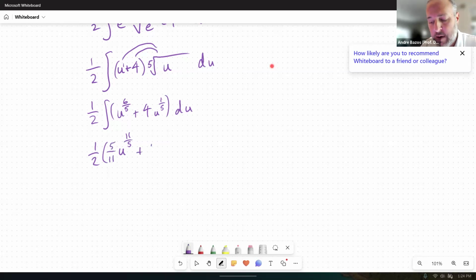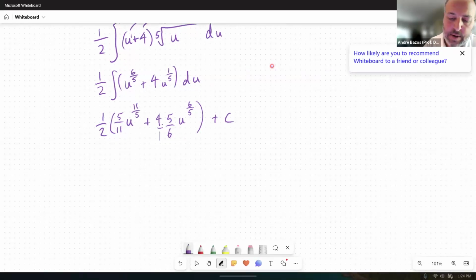Plus 4 times u to the, adding 5/5 to 1/5 would be then 6/5, and we divide by 6/5, which would be like multiplying by 5/6. So I see a little bit of simplifying. Don't forget the plus c. So I'm going to distribute this 1/2 everywhere.